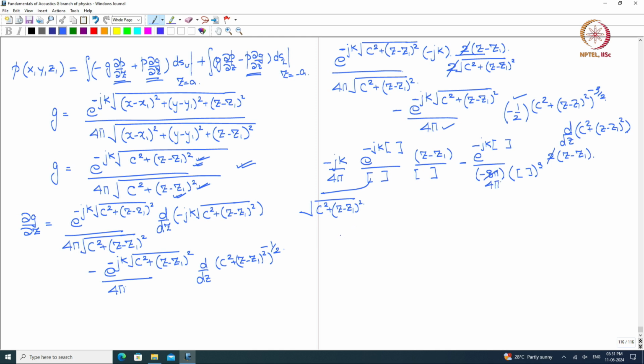So I have e to the power of minus jk square root of c squared plus (z minus z1) whole squared by 4 pi into (z minus z1).